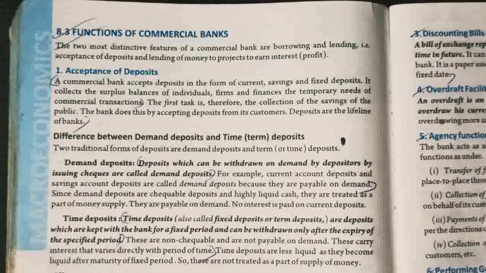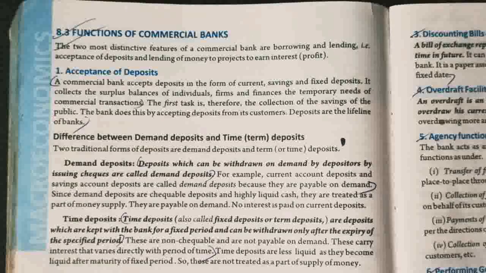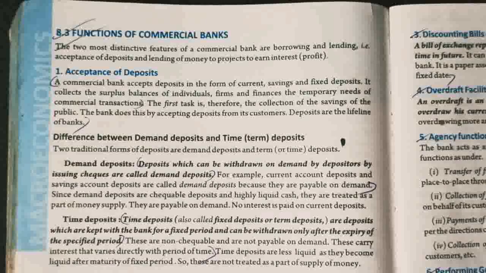So this is also a part of money supply, because money supply means the total amount of money available with us, isn't it? And demand deposits are highly liquid, meaning it is a kind of money because we can withdraw anytime just by issuing a cheque. But under demand deposits we will not get any interest. Keep that in mind.